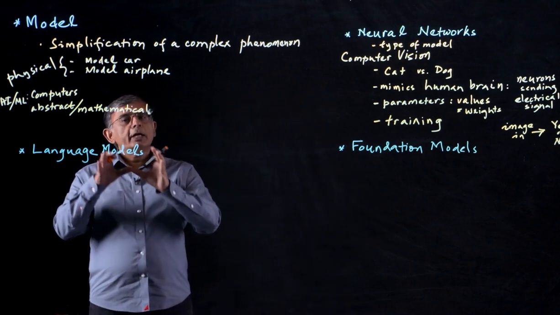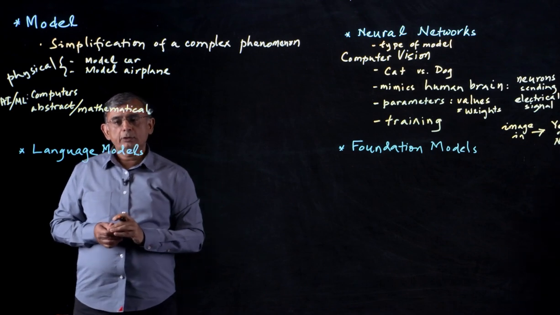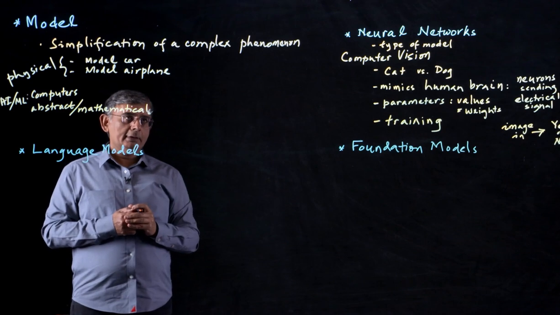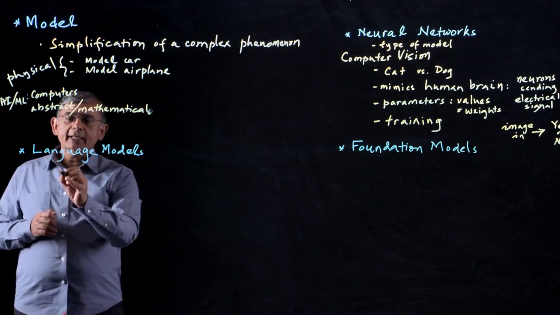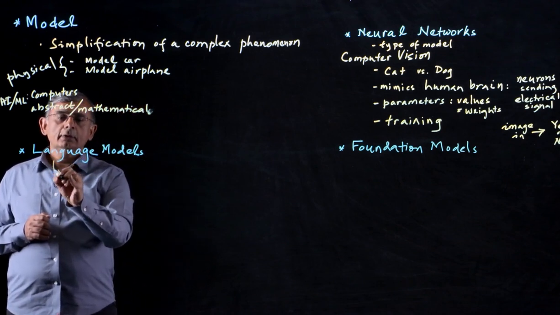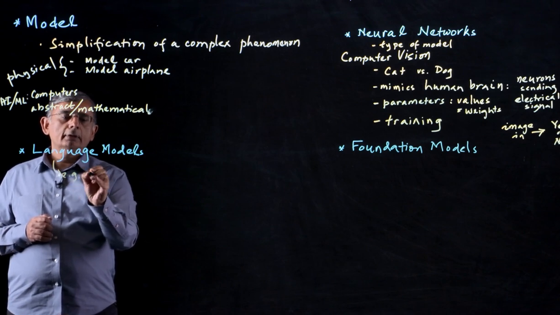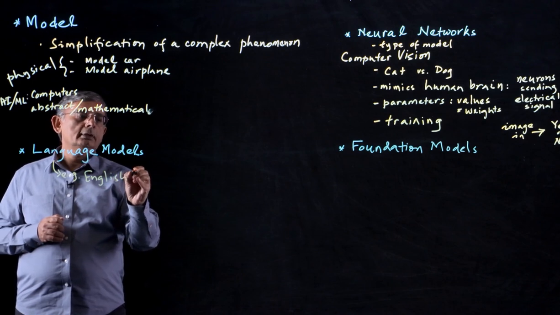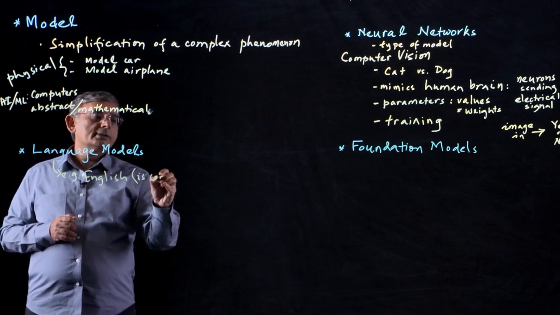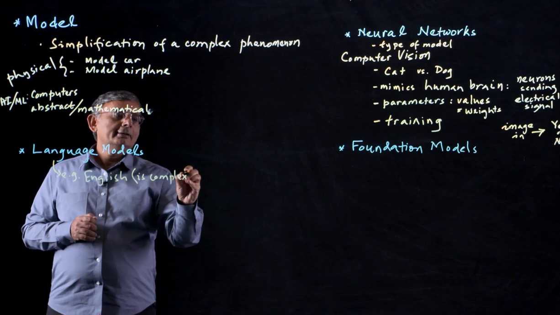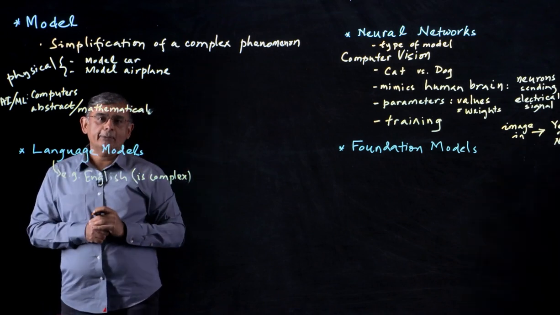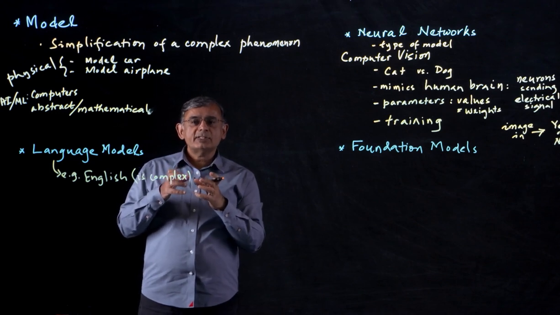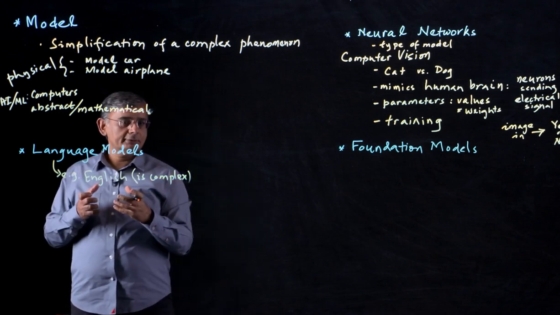Let's transition to a more recent topic that we talk about called language models. So the connection is that language, for example, English, is complex. So that's the complex phenomenon we talked about. And the model is trying to capture a simplified abstraction.